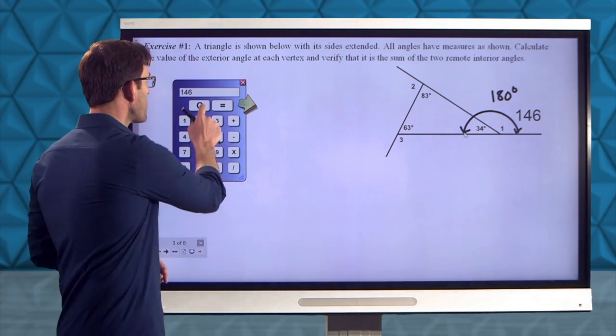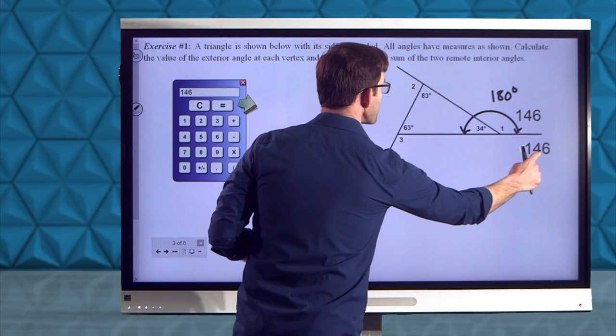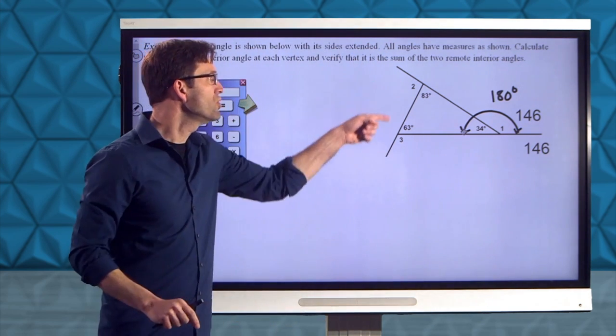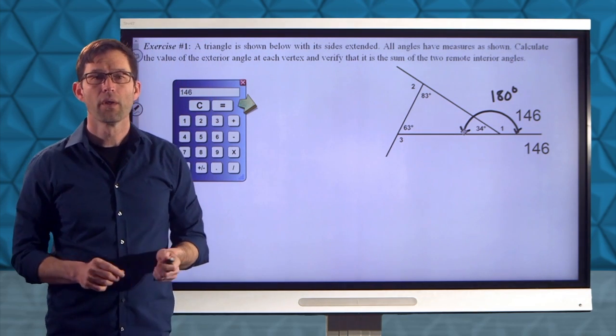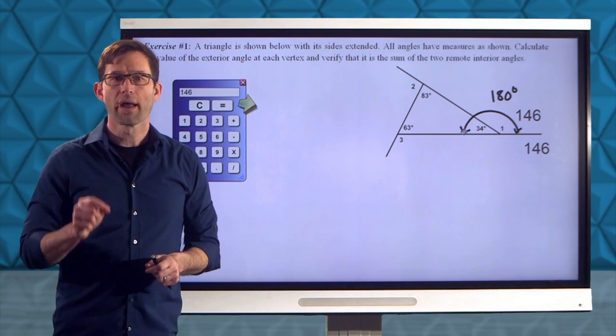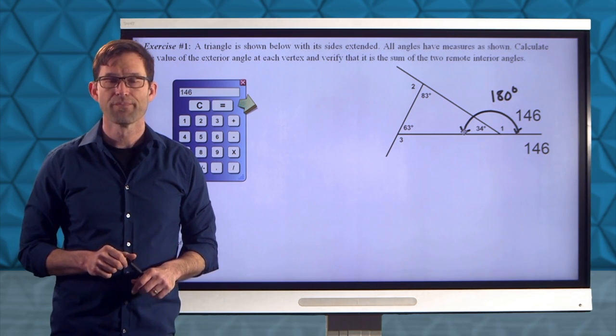But now I can clear my calculator and verify that when I do 83 degrees plus 63 degrees, I also get 146, right? These two angles sum to be the measure of angle 1.